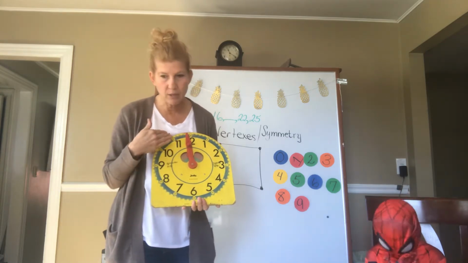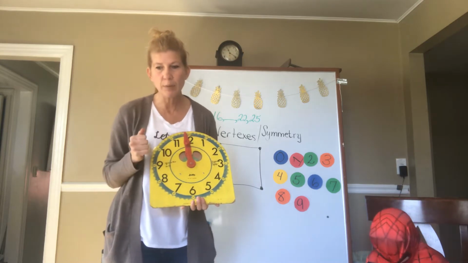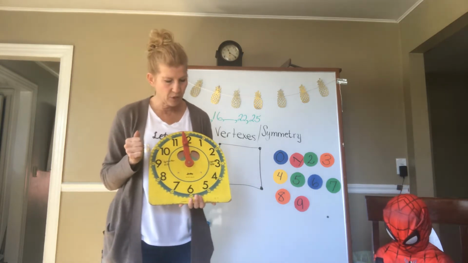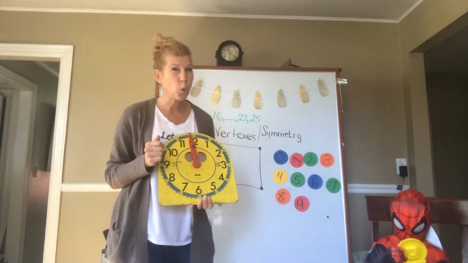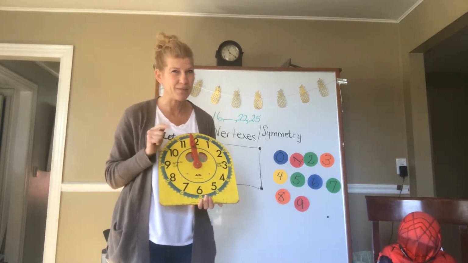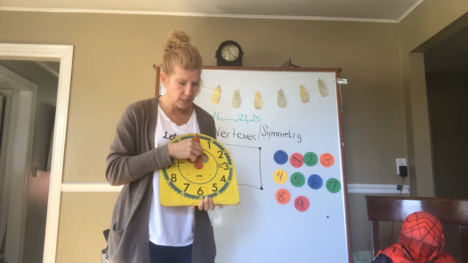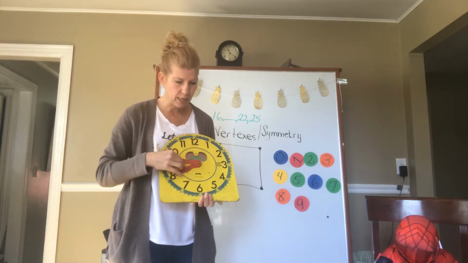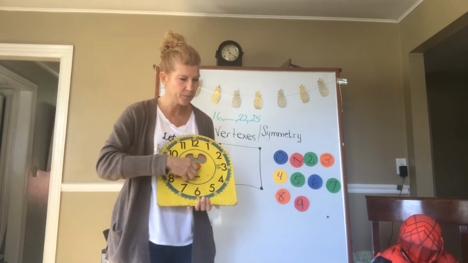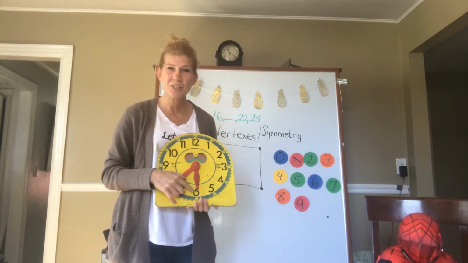Now look at my clock and Spidey's clock. I'm going to ask you to set the clock for 6:45, or a quarter till 7 if I were to say it in words. So 6 is my hour hand. Did you say put the little hand on the 6? Good job.